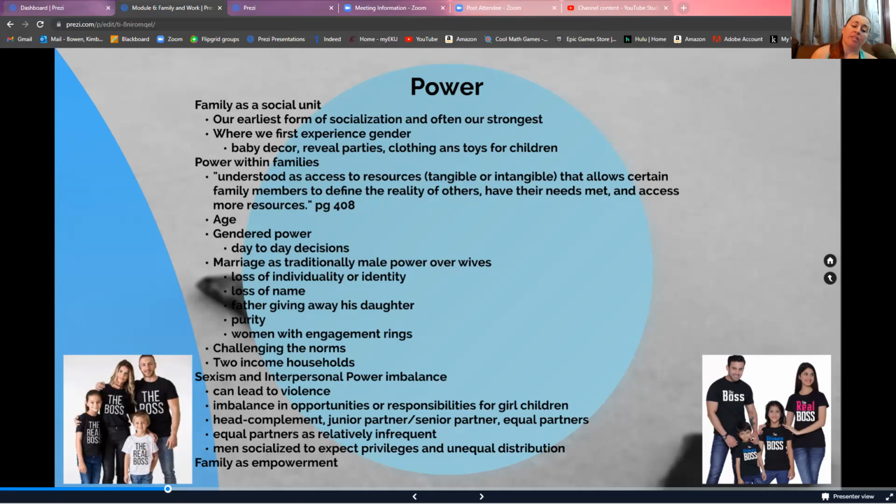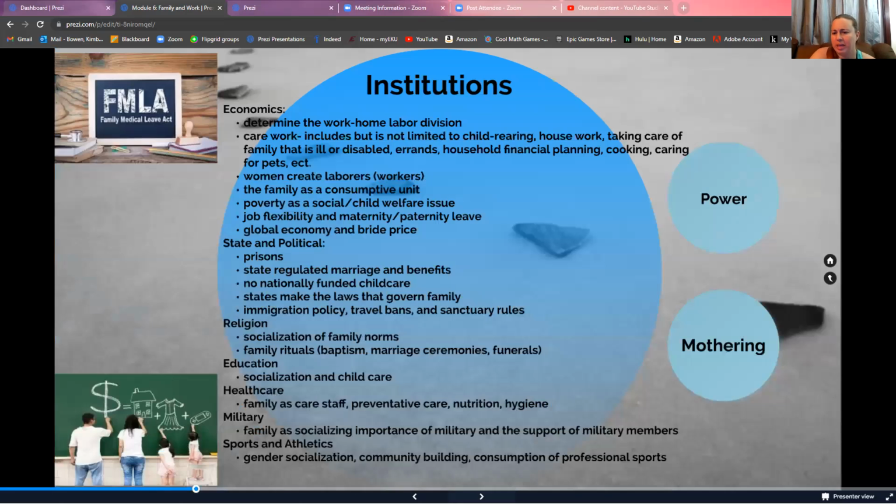On the flip side of that, family can be, and for a lot of people is, a place of empowerment. It is the people that support you for the longest and for the majority of your life, if not all of it. It is the people that you turn to. It's the people that support you. It's the people that love you. And so in that, family can also be a place for empowerment. It can also be a place for social well-being.